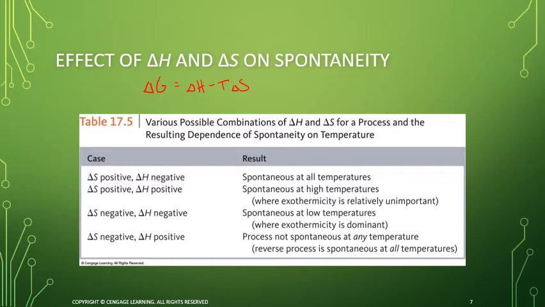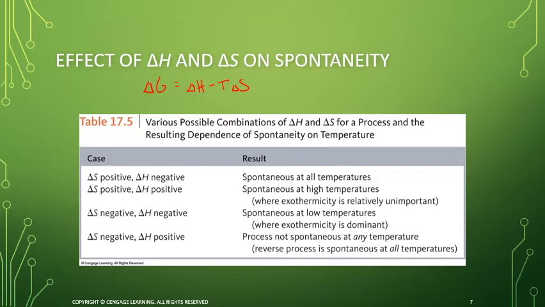So when we talk about that temperature dependence, it can be spontaneous in one direction at a certain temperature, but if we change the temperature, it no longer is spontaneous. And so that's one of the hard things about this type of situation, but also one of the nice things is we can determine what that temperature is when the reaction changes from being thermodynamically favorable to thermodynamically unfavorable in that process.